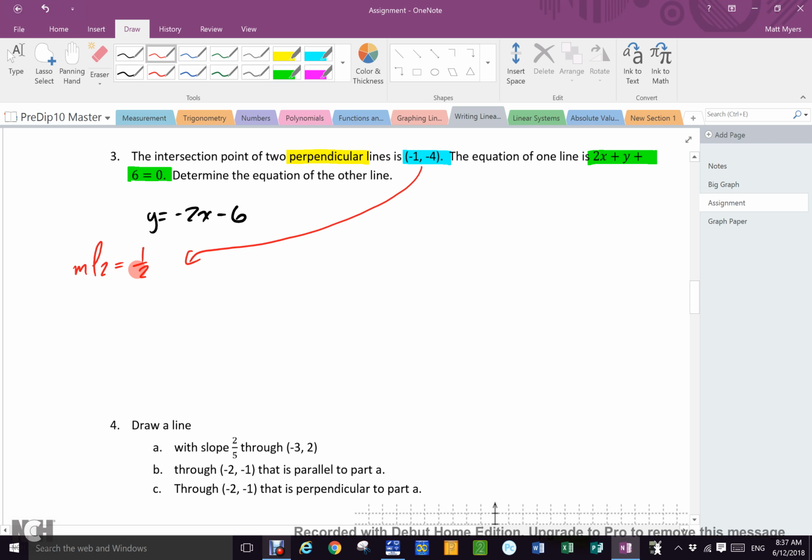Do I have a slope? Yes. Do I have a point? Yes. So do I have an equation? I do. Y plus 4, because it's minus minus 4, equals 1/2 times x plus 1, because it's minus minus 1. Can I leave it that way? Yes, of course I can.